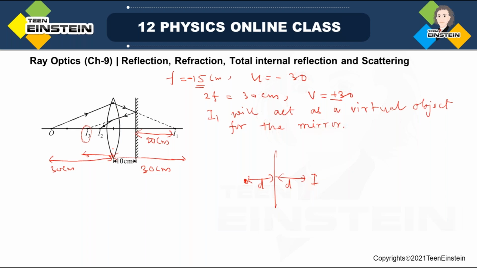But because of the presence of this lens, this reflected ray also will get refracted, and instead of hitting I3, it will meet at I2 and form the final point image here. So I2 will be the final image.